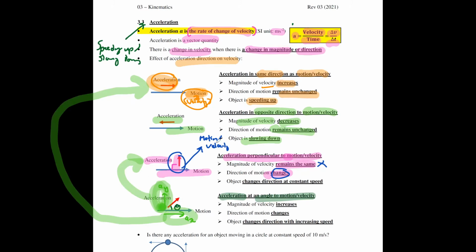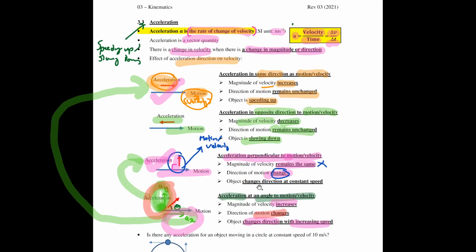So if you just consider this one, it will cause the direction of motion to change. But if you consider this one, it will cause the magnitude of your velocity to increase. Okay, they are a combination of the first example and the third example. All right. So here we will say that the object changes direction, but with increasing speed.